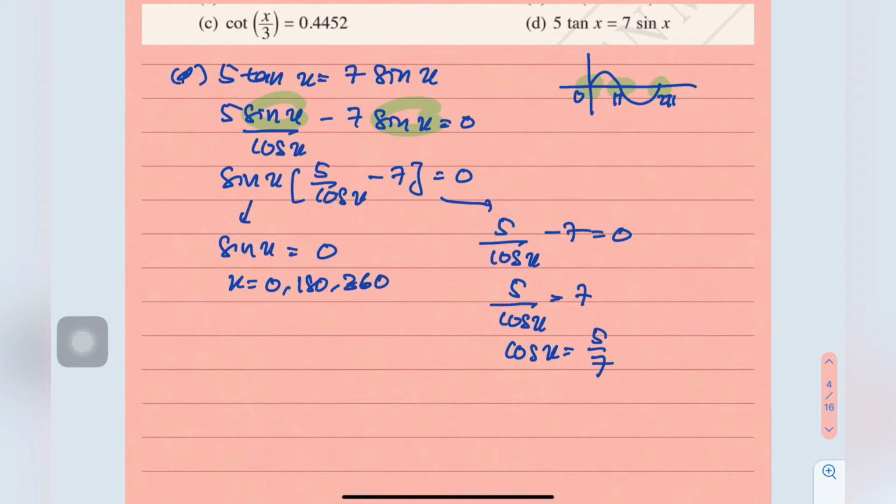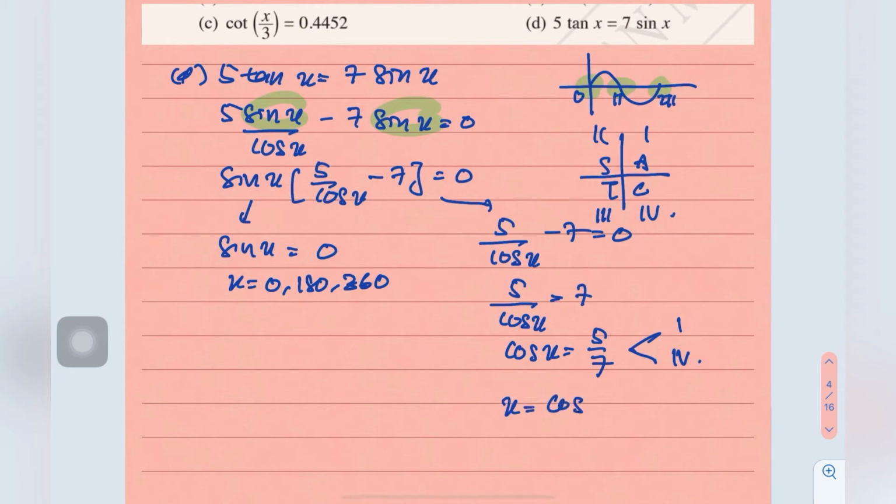Now cos is positive. Add sugar to coffee, quadrant 1, quadrant 2, quadrant 3, quadrant 4. Cos is positive in quadrant 1 and quadrant 4. So x equals shift cos, inverse cos of 5 over 7, which equals 44.42 degrees. This is the angle in quadrant 1.